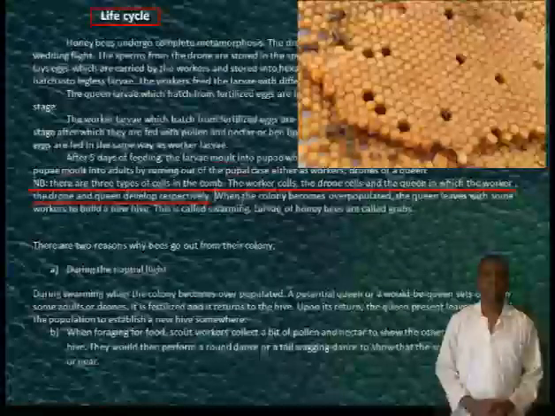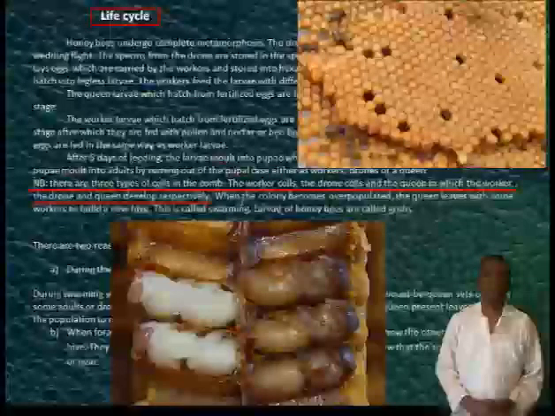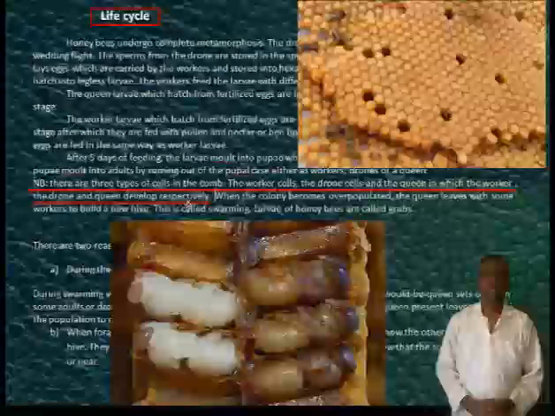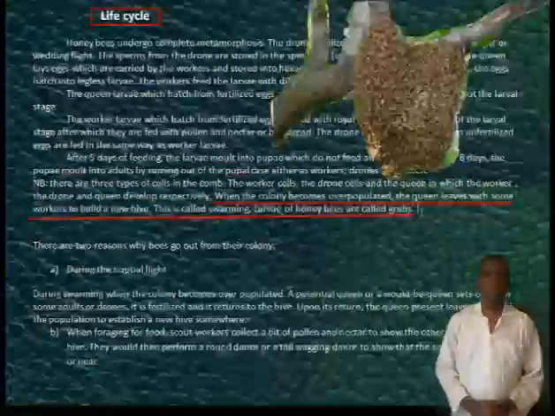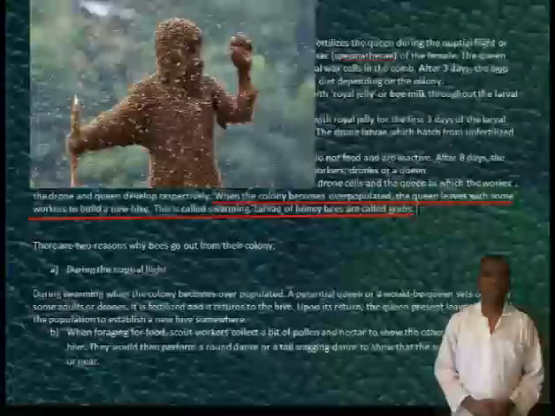Note, there are 3 types of cells in the comb: the worker cells, the drone cells, and the queen cells, in which the workers, the drones, and the queens develop respectively. When the colony becomes overpopulated, the queen leaves with some workers to build a new hive. This is called swarming. Larvae of honeybees are called grubs.